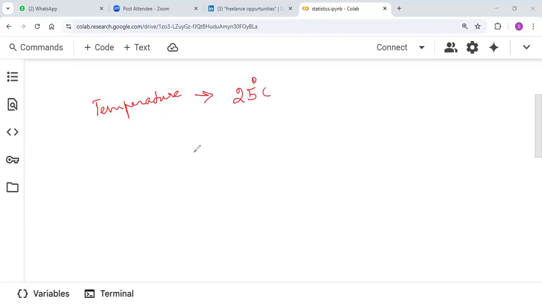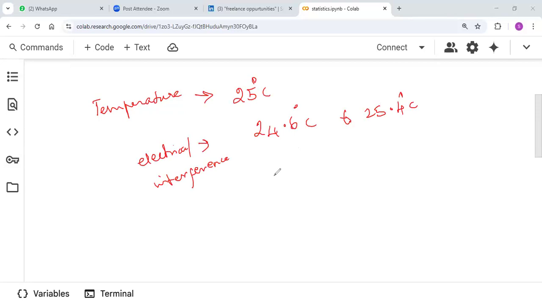But due to some electrical interference, it records maybe 24 degrees Celsius, or 25 degrees Celsius. So there is going to be minor fluctuation, and this fluctuation is going to happen every few seconds.